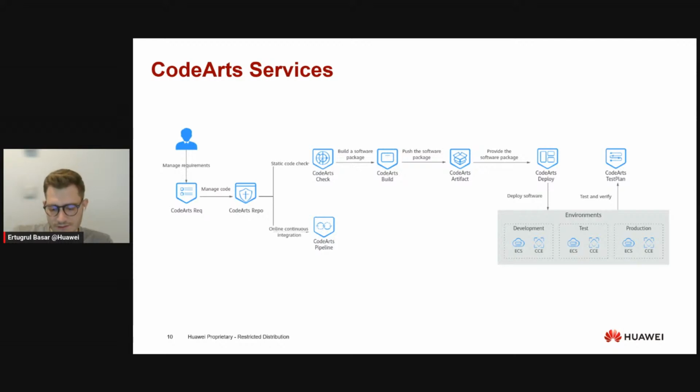If these processes are to be continuous, not just a one-time effort, we can perform them automatically by configuring the CodeArts Pipeline, and we will do it in the last stage of this presentation.